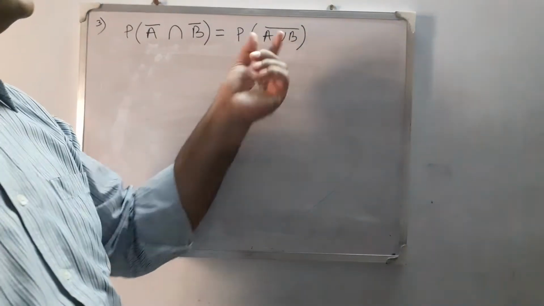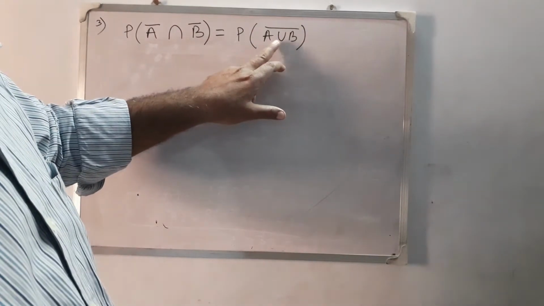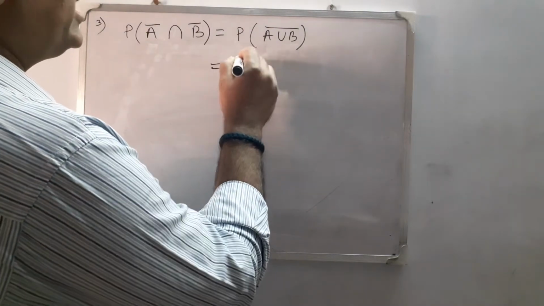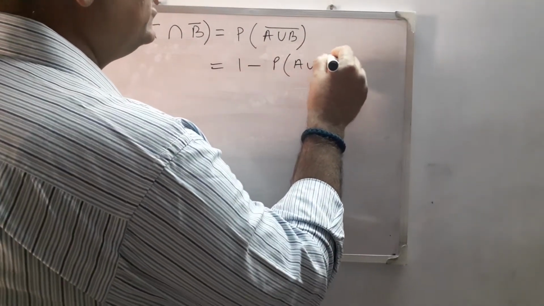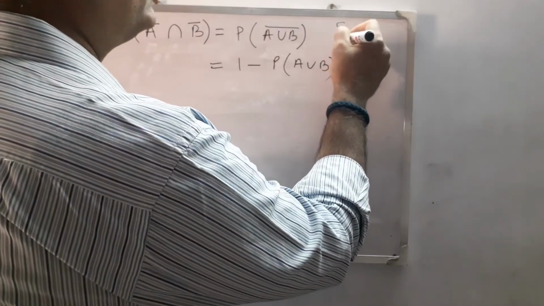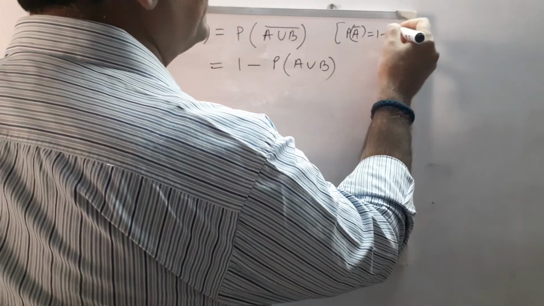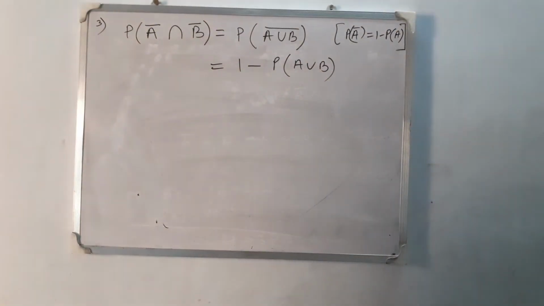Now if we take A ∪ B as X, say, then this becomes P(X bar), and P(X bar) is equal to 1 minus P(X), that is, 1 minus P(A ∪ B). We know that P(A bar) is equal to 1 minus P(A); we know this result from elementary set theory.